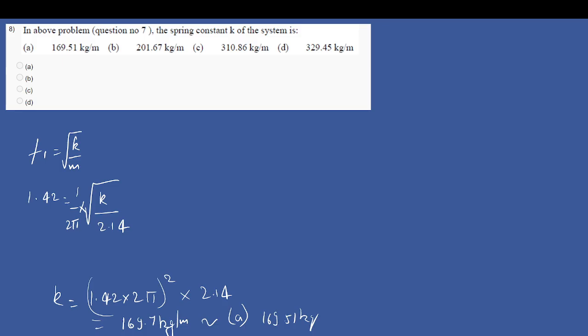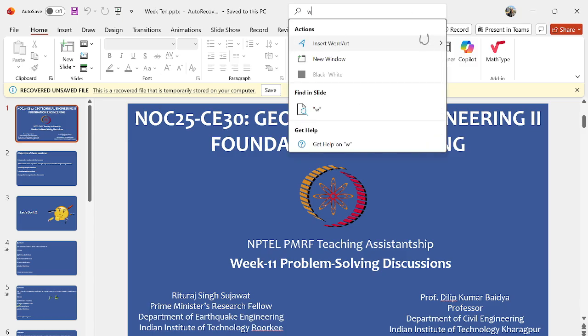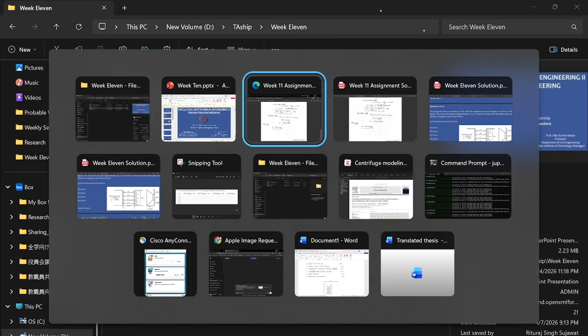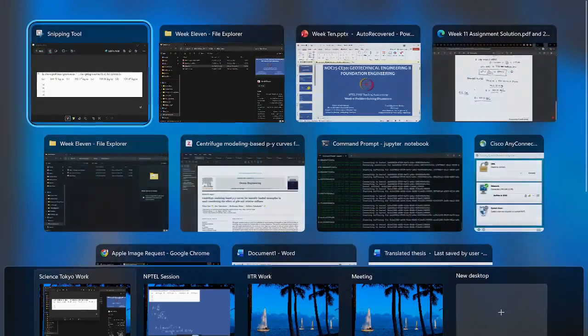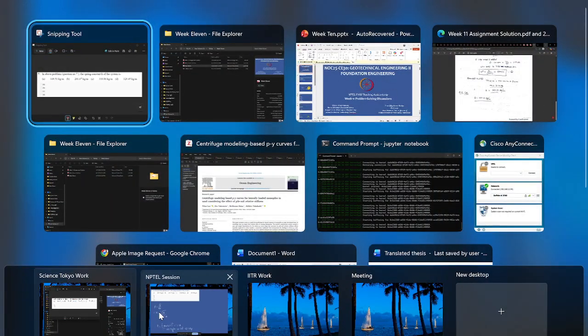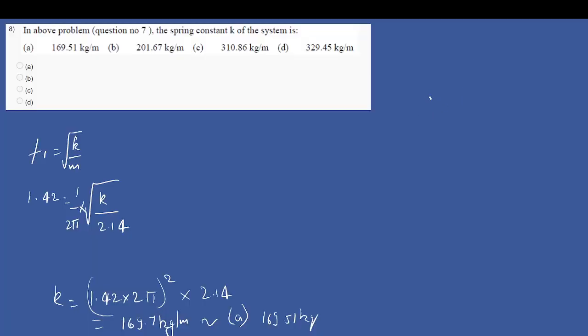Just take note of this so we won't get confused in the future. Omega n is root over k by m.